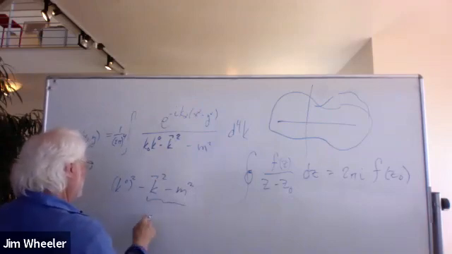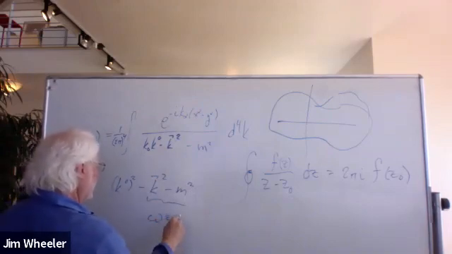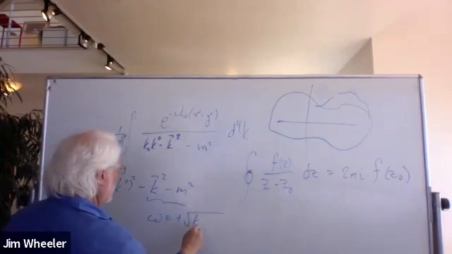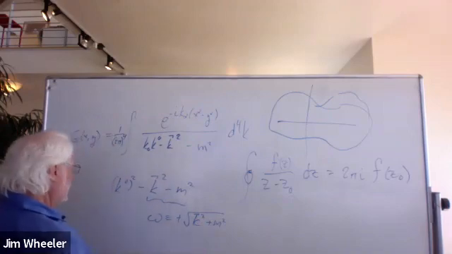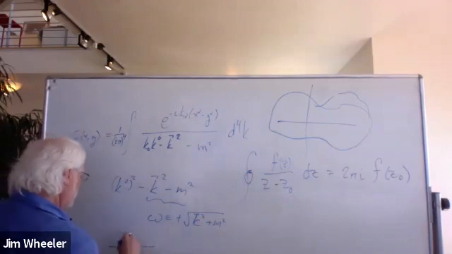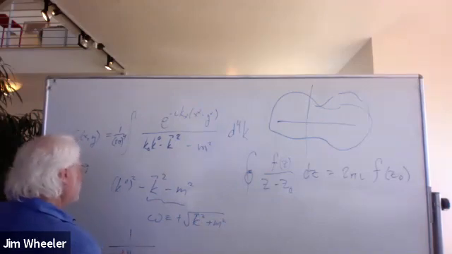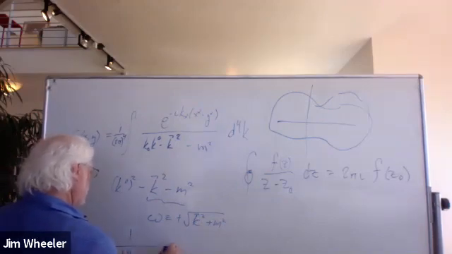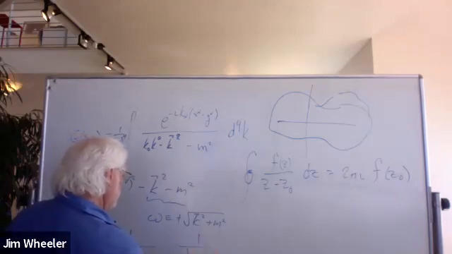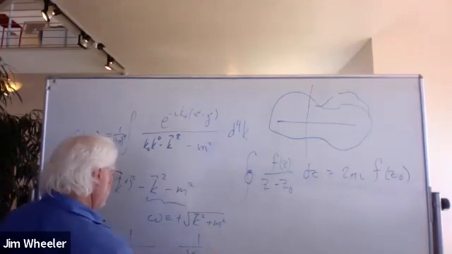Let's call this stuff omega, as the positive square root of that. That could be handy, because then we can write 1 over k naught plus omega and 1 over k naught minus omega.